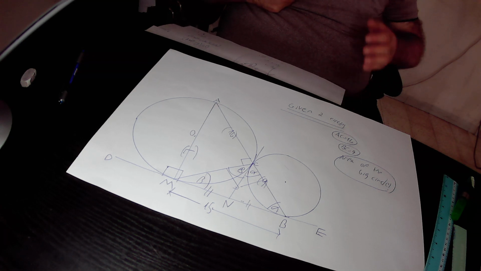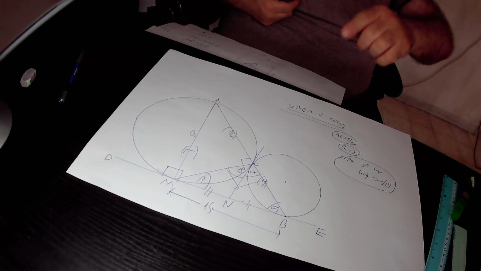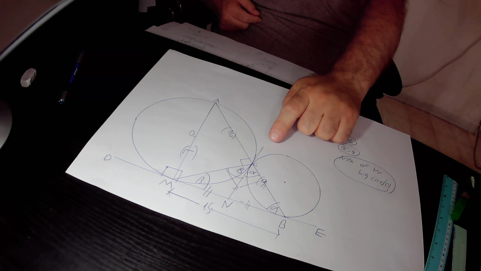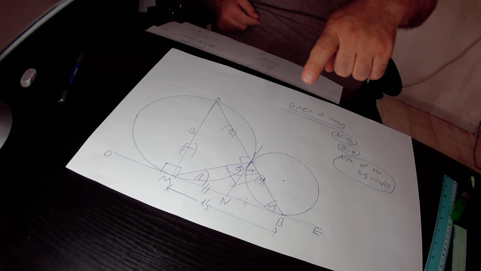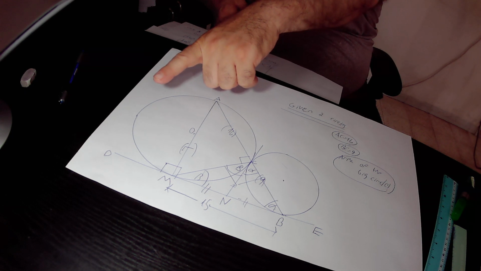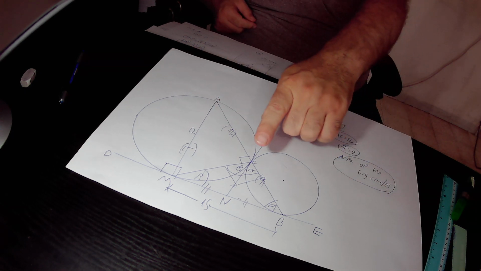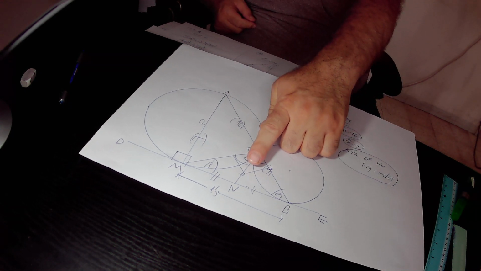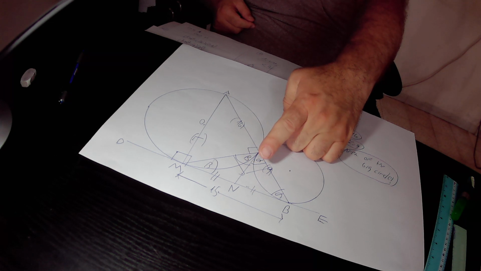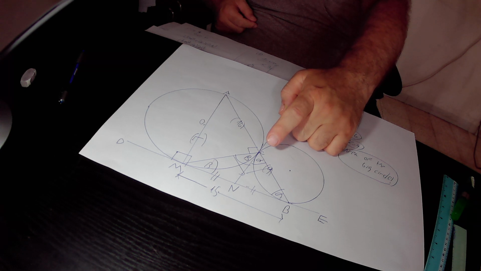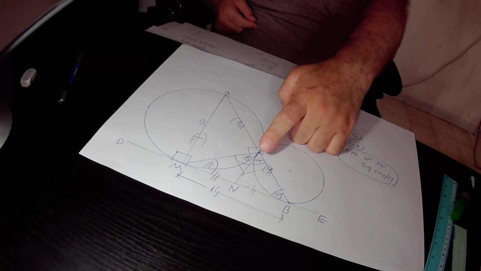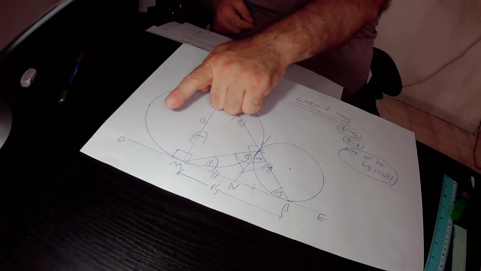In the next step, we need a construction. From this point C, that is the point of tangency of the two circles with each other, we draw a straight line towards tangent DE. And we define the touching point of the common tangent with tangent DE.